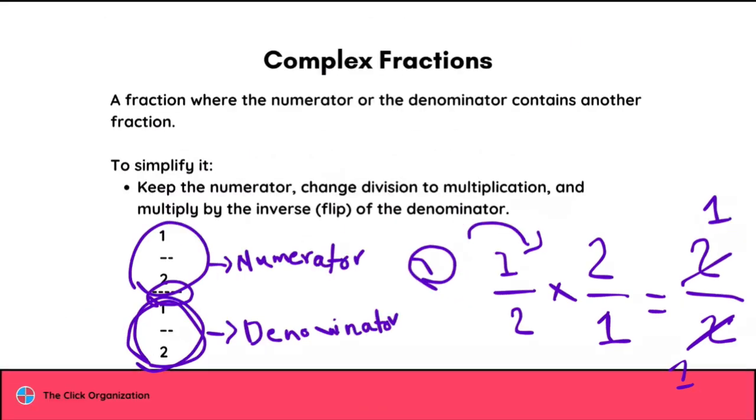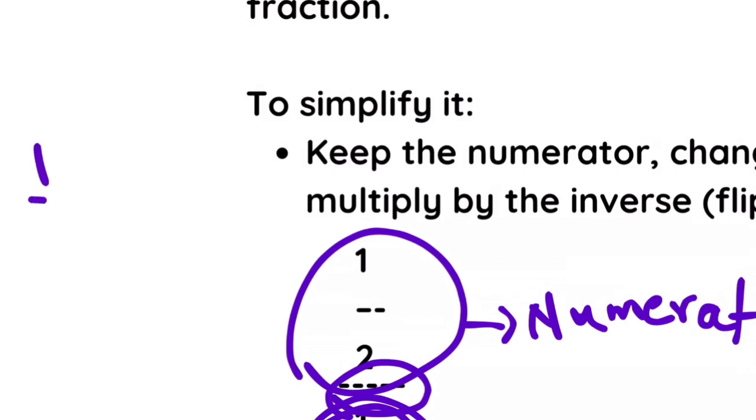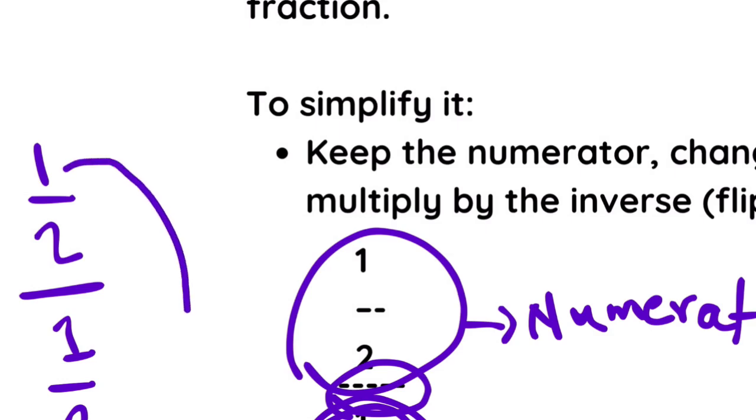So yeah, this was the concept of complex fractions. It's very simple. I can give you a tip on how you can solve this in a simpler way. So for example, you have the complex fraction, and then what you need to do is multiply the top numerator by the bottom denominator, okay?